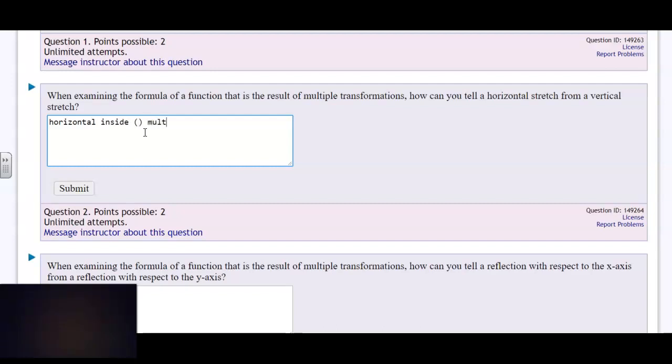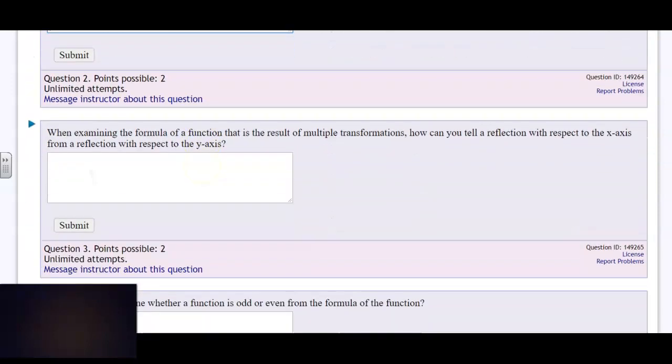A stretch has to do with multiplying, and a shift has to do with adding or subtracting. That's the key thing you want to keep track of. Vertical has to do with outside the parentheses, and that is multiplying. So they're both multiplying, but one is multiplying a number inside the parentheses, and one is multiplying a number outside the parentheses.